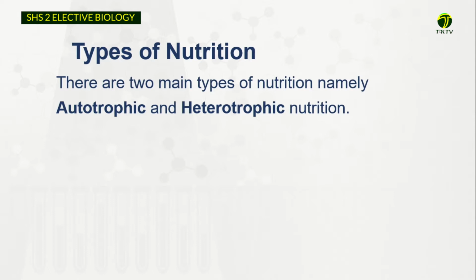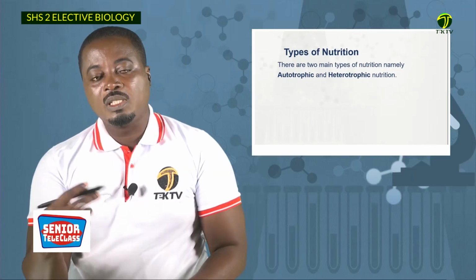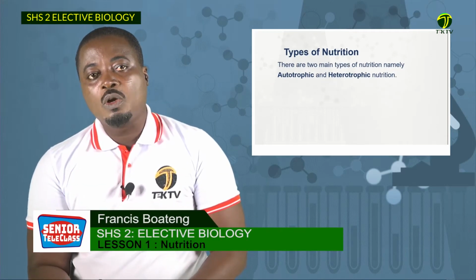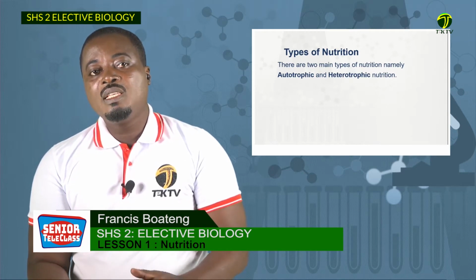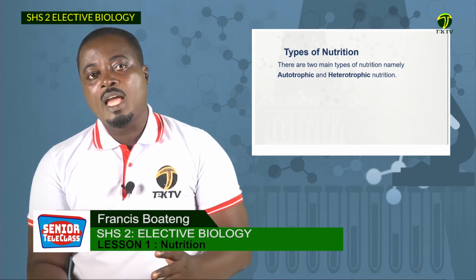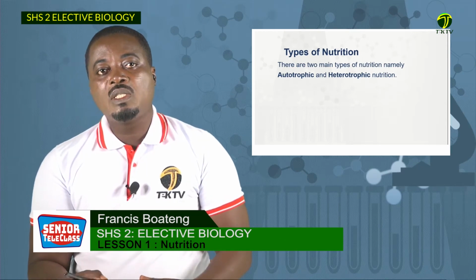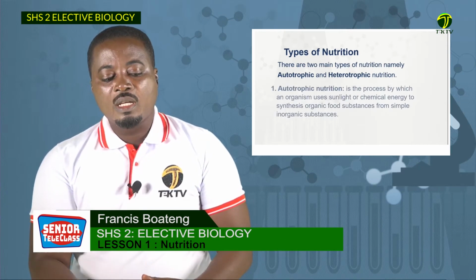If we say autotrophic, what actually do we mean? You remember, you've heard the word auto before. It has been used in autobiography and so many things in your English language. So if you say autotrophic, auto means self and trophic means feeding.